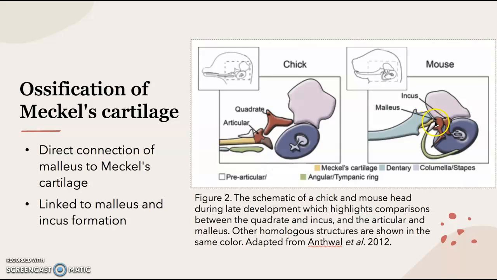Again, the malleus and articular are both connected to Meckel's cartilage, but comparing these two figures to one another, you can see that Meckel's cartilage has shrunk in the mouse versus the Meckel's cartilage in the chick is still a very prominent structure. So that's an important thing to add.